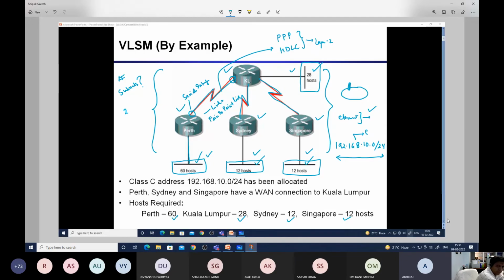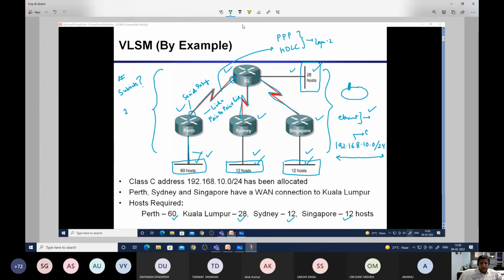Sir, 7. Okay. How 7? So one at the host and one at the other host, like for say Perth. Then again one at the host, and then one at Sydney. Then the same one at Singapore, one at the host again. So you are saying this is one subnet.